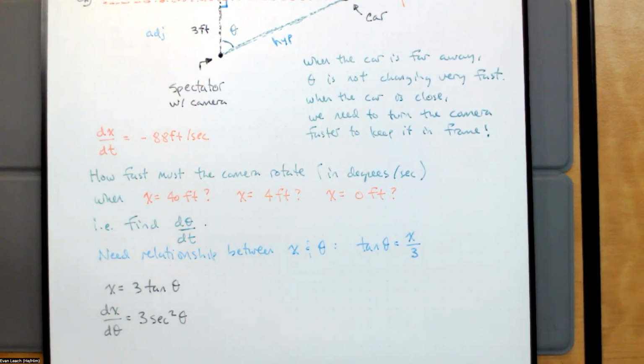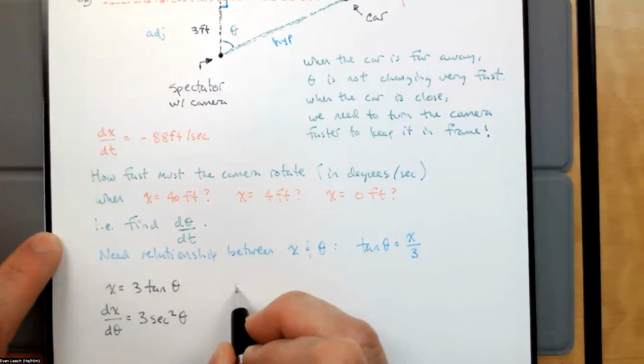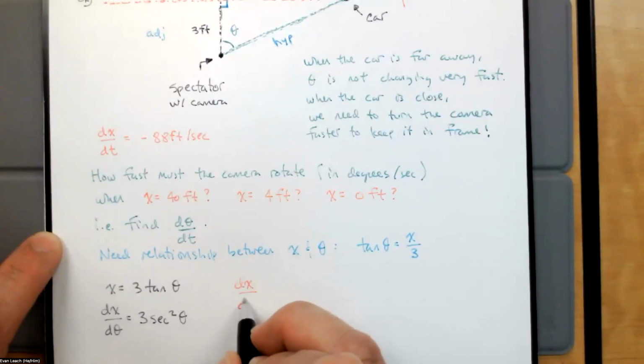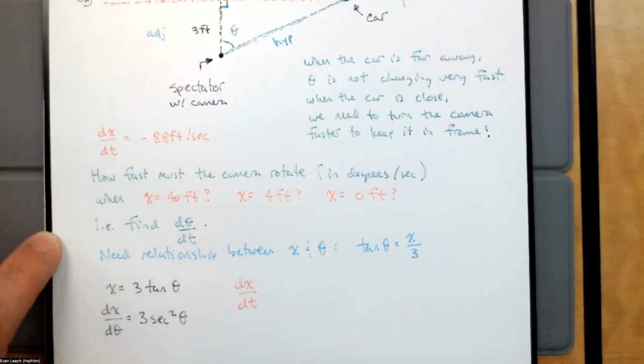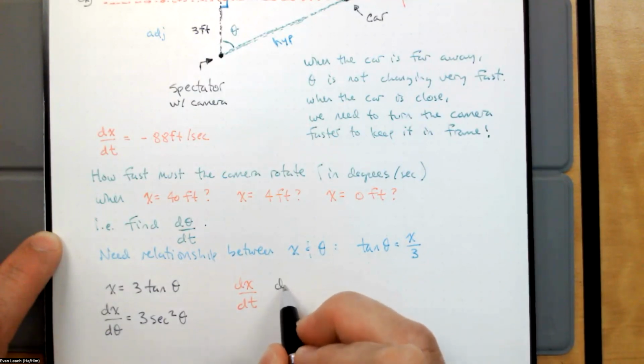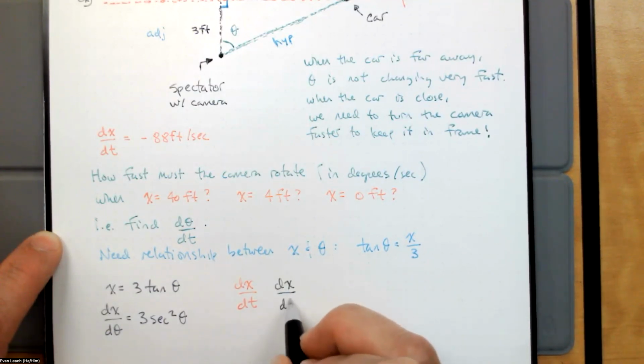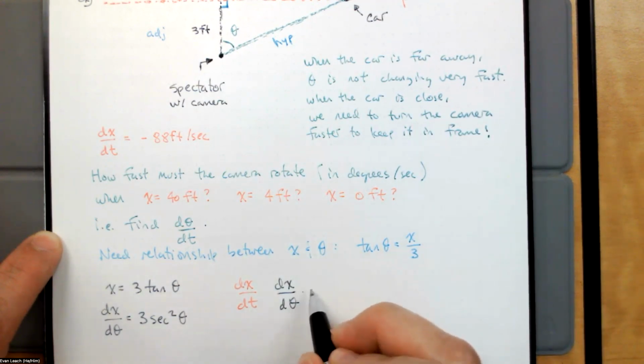So I've got dx d theta, we're looking for d theta dt, and we have dx dt. So we'll notice that the chain rule says that dx dt is dx d theta times d theta dt.